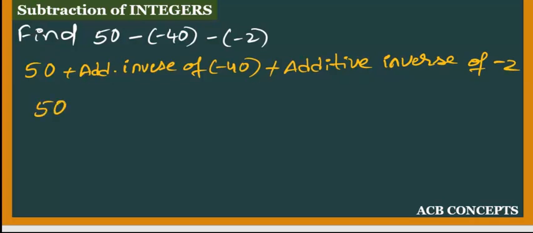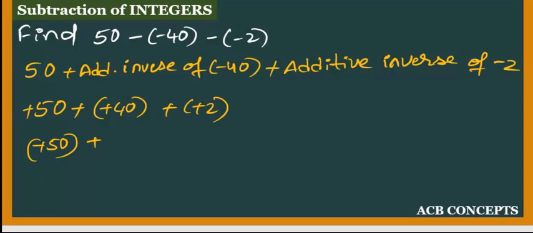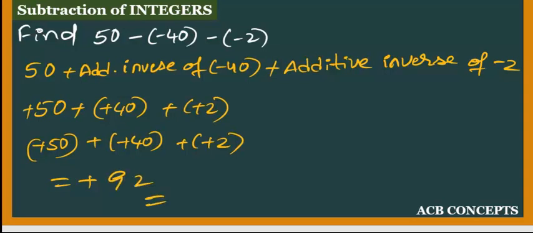So 50 plus 40 plus 2. Here plus 50, here plus 40, here plus 2. All have the same sign, that is plus, so put that sign and add the numbers without sign. 50 plus 40 is 90, 90 plus 2 is equal to 92. 92 is the answer.